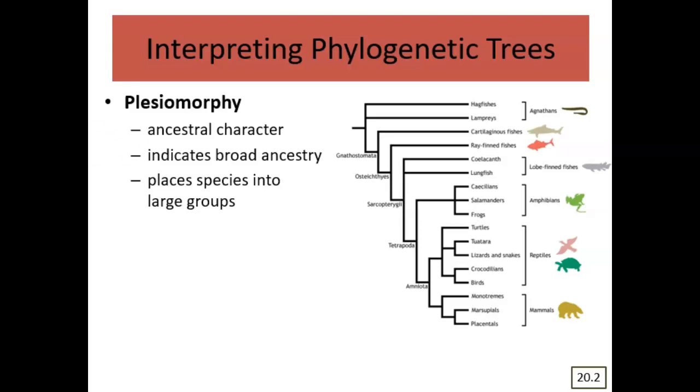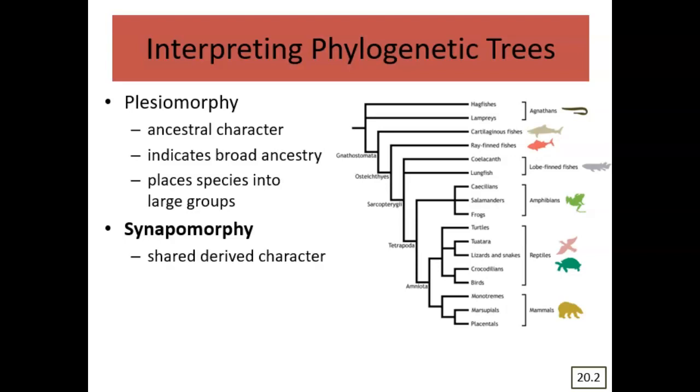There are also going to be some characteristics that we're going to call synapomorphic. This is a characteristic that would not be found in the common ancestor, but is derived. So it's from later on, and it helps us to figure out who is related to each other within that broad giant group. So in our example here, maybe we were talking about the mammals.